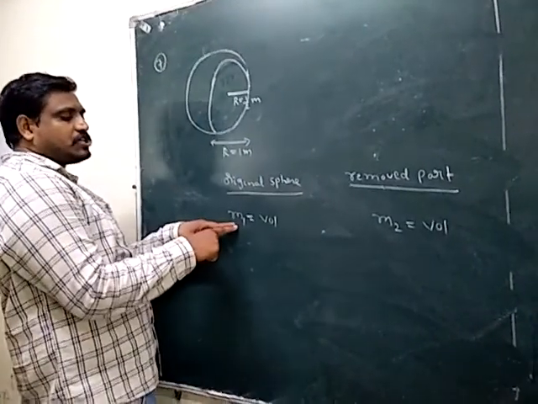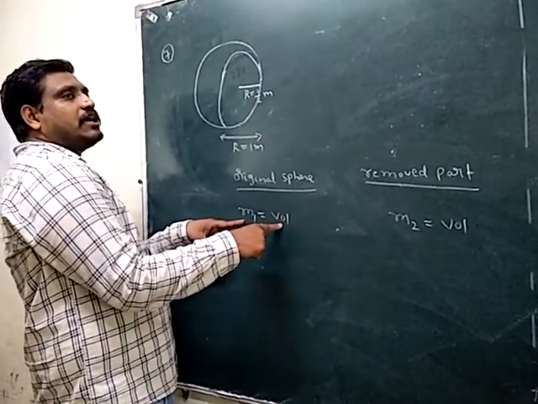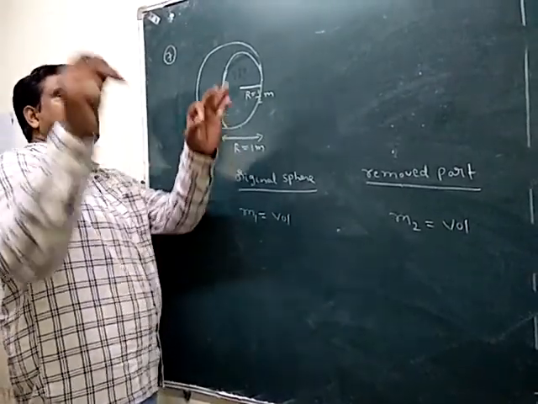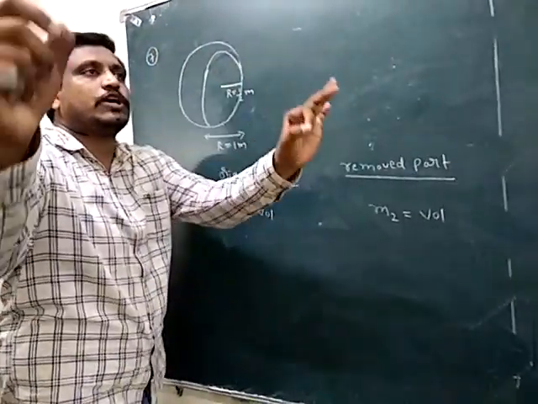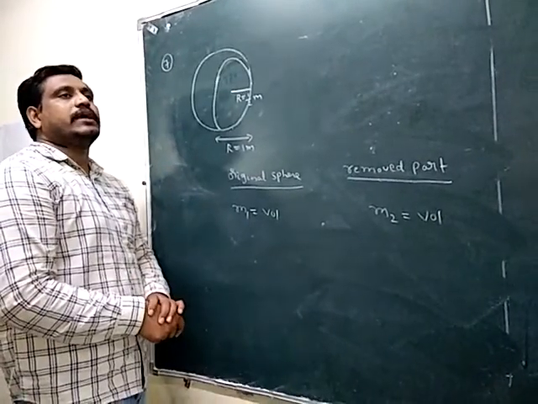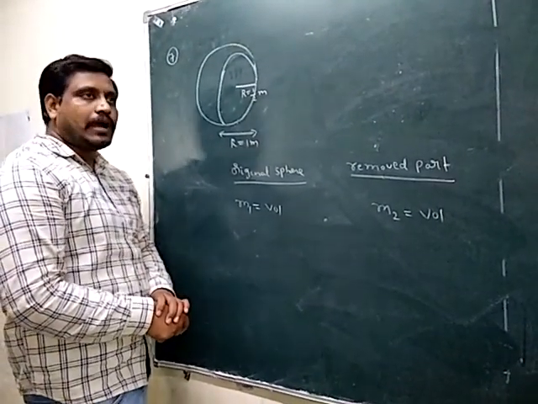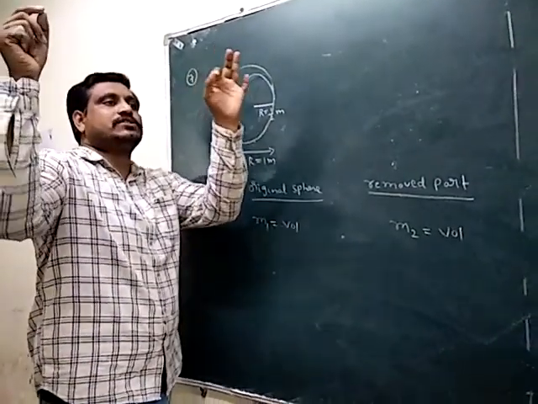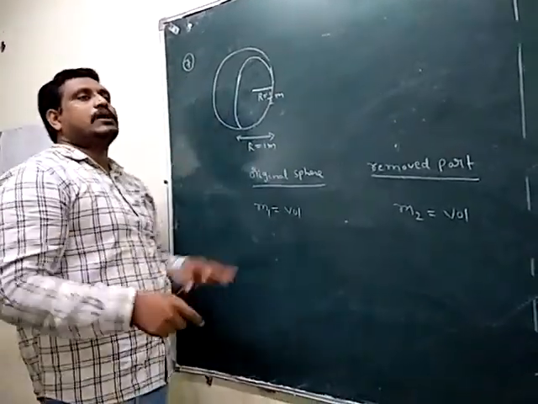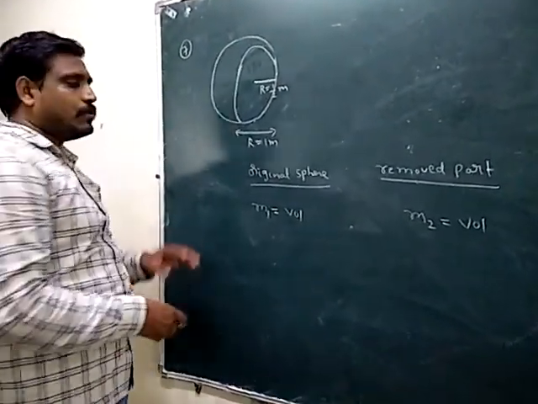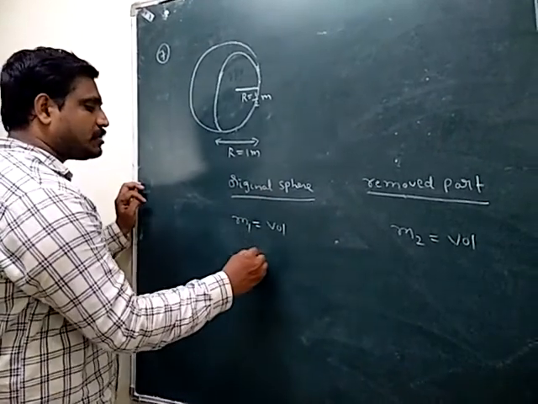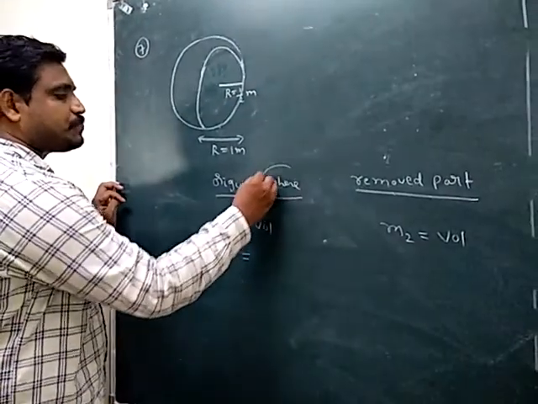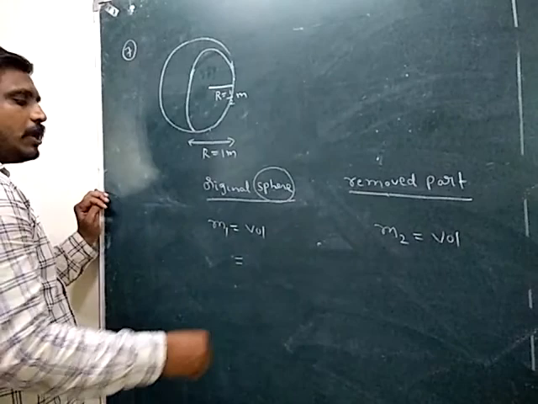In that situation, mass depends upon the area. Simply, for a 2-dimensional body, mass is directly proportional to area. The given body here is a 3-dimensional body, because this is the sphere, so I take volume.